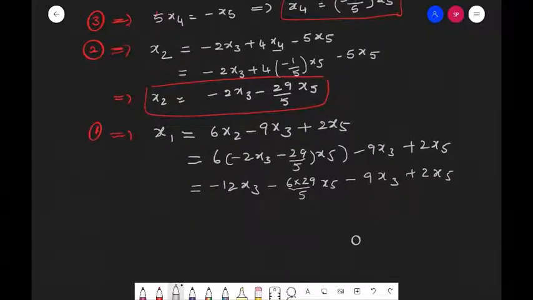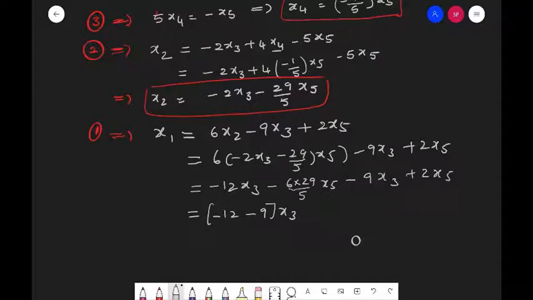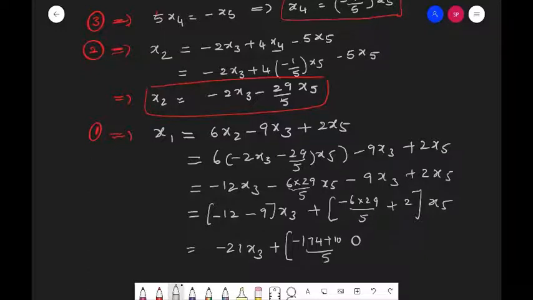So let us regroup the terms. x3 terms: minus 12 minus 9, x3, and then x5 terms: minus 6 into 29 by 5, and then plus 2 x5, which will give me minus 21 x3, and then you take the LCM, minus 174 plus 10 by 5 into x5.